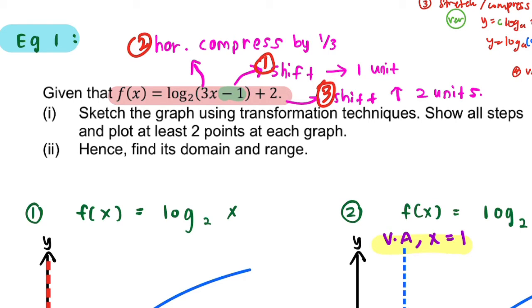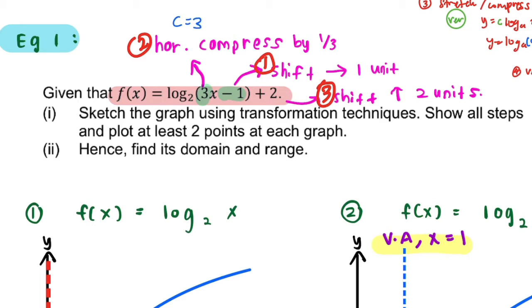Second, let's find, do you have any minus inside or minus outside? You don't have any minus inside or outside, therefore you don't have any reflection. Third, do you have any multiply inside or multiply outside? You don't have multiply outside, but here you have multiply 3 inside, meaning that your c here is equal to 3.